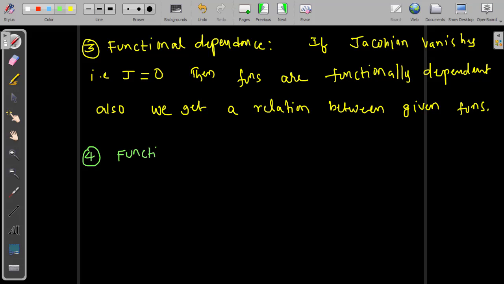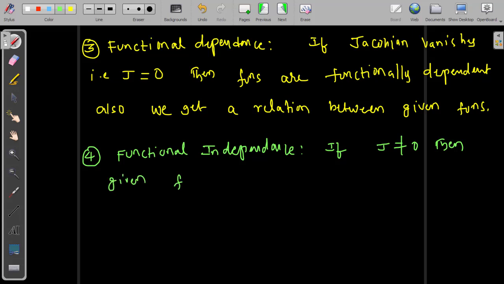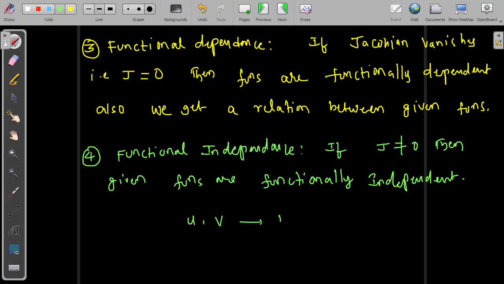If the Jacobian is not equal to 0, if J is not equal to 0, then simply the given functions are functionally independent. How do you understand? You will be given u and v, find the Jacobian. If the Jacobian is not equal to 0, we can say the functions are functionally independent.